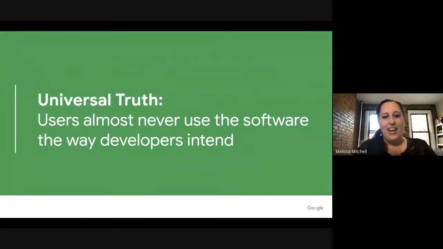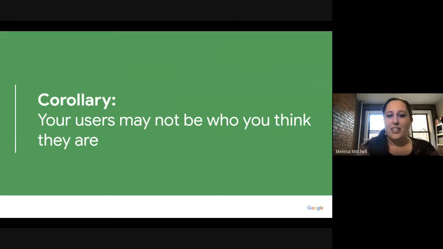So before I jump into that, there is a universal truth, which I've learned as a developer. Users are never going to use your software the way you intend. It's just a fact of life, and you end up supporting use cases you never knew existed. And a corollary to that is sometimes your users aren't even who you think and who you intended them to be.